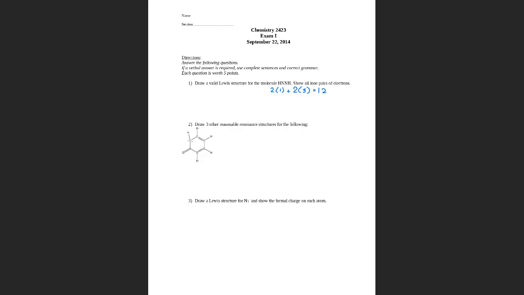What you then want to do is draw what's known as a skeleton structure. The way that a molecule is typically written, like when it says HNNH, is written to show connectivity. Connectivity is an idea that you're going to need to be familiar with in organic chemistry.